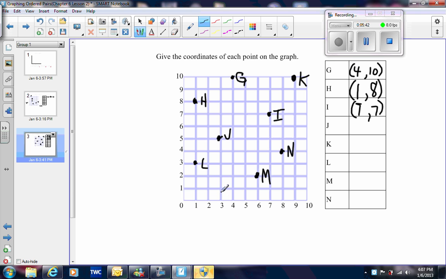J is over 3, up 5. K is over 9, up 10. L is over 1, up 3. M is over 6, up 2. And N is over 8, up 4.